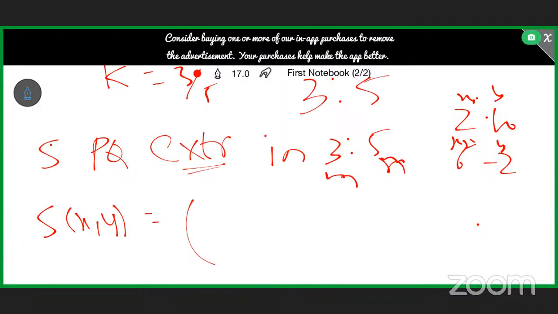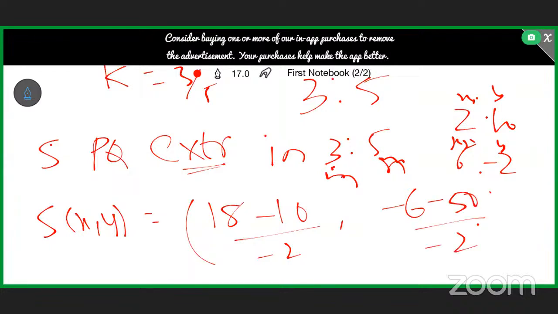So 3 into m into x2: 3 into 6 is 18, minus 5 into 2 is 10, divided by 3 minus 5, that is minus 2, comma 3 into minus 2 is minus 6, 5 into 10 is 50, so minus 50, divided by minus 2.